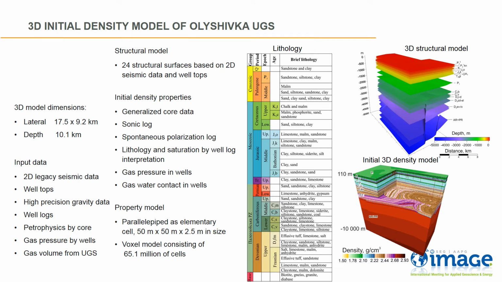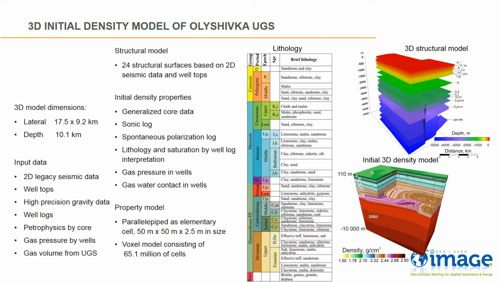Initial 3D density model of Olyshivka UGS is coordinated with all available geological and geophysical data. The structural framework of the 3D model consists of 24 surfaces and was built using two-dimensional seismic and well tops data.